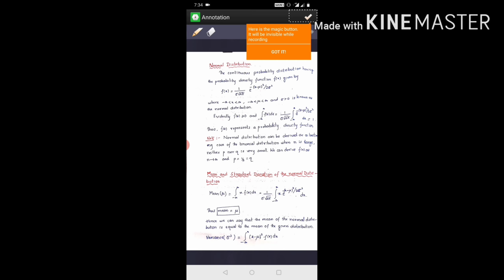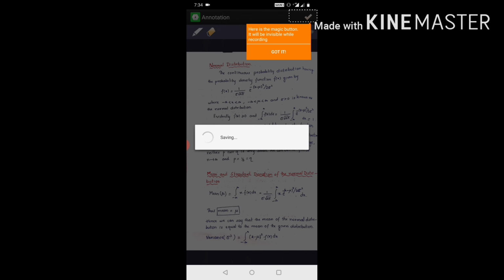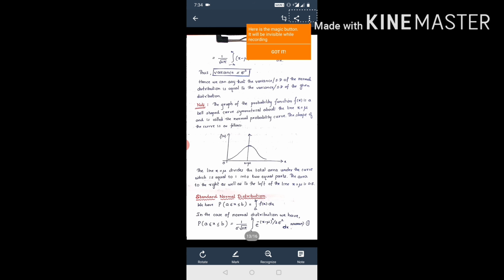Variance sigma square is again the integral from minus infinity to plus infinity of (x minus mu) whole square f of x dx, which is given by 1 by square root of 2 pi times the integral over minus infinity to plus infinity.